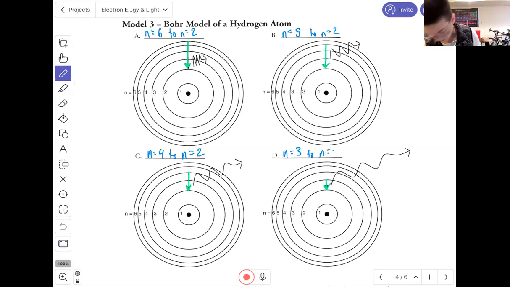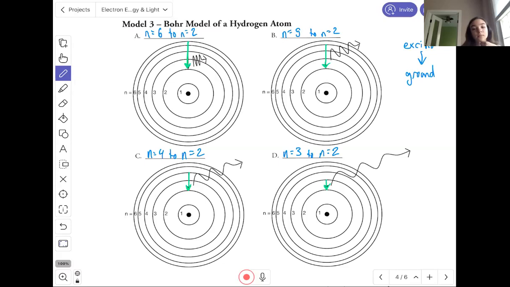So then the thinking here is, am I going from excited to ground or ground to excited? Excited to ground. All right, so I'm going from excited down to the ground state. Does that require energy or does that release energy? Release.